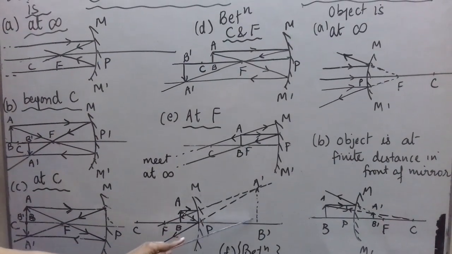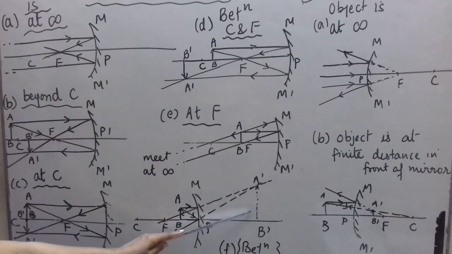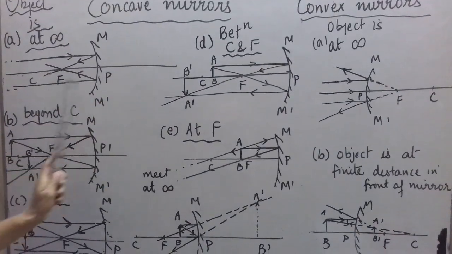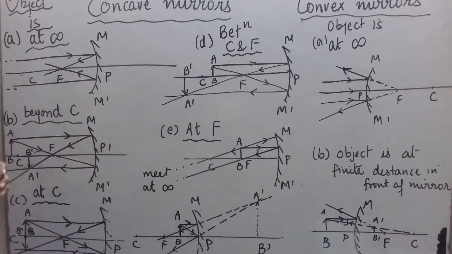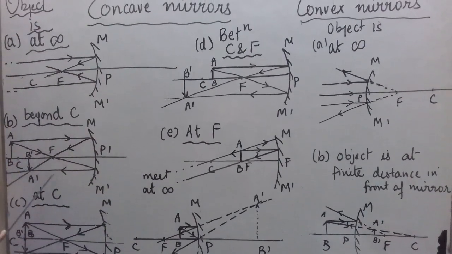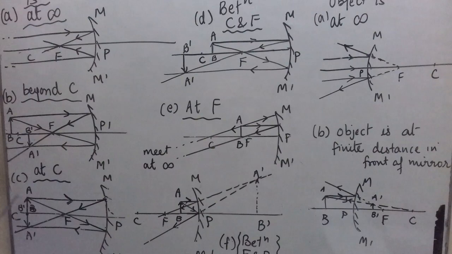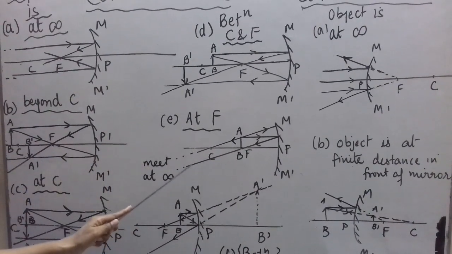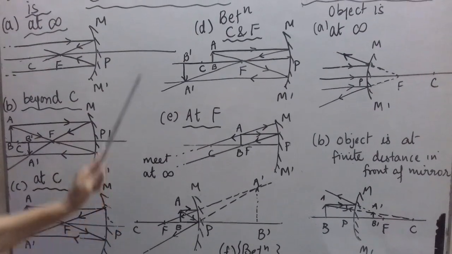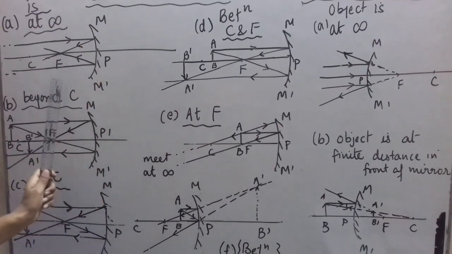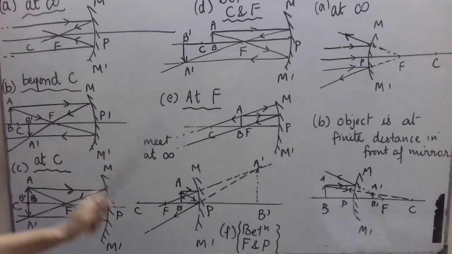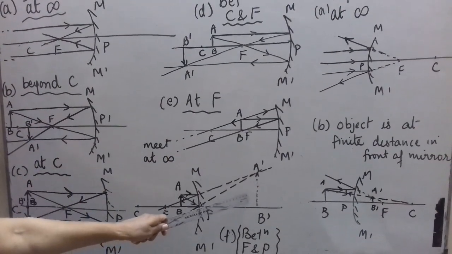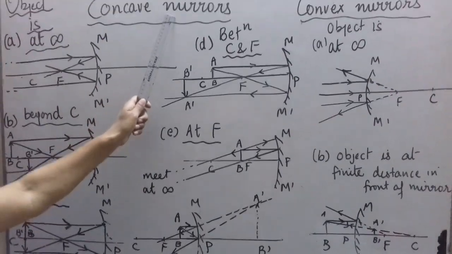But virtual and erect is always magnified when we get the image from a concave mirror, and real and inverted images can be point size, diminished, same size, enlarged, highly enlarged, depending upon the position of the object. So it means using a concave mirror we can get real as well as virtual images. Real images of different sizes, virtual always enlarged, magnified only by a concave mirror.